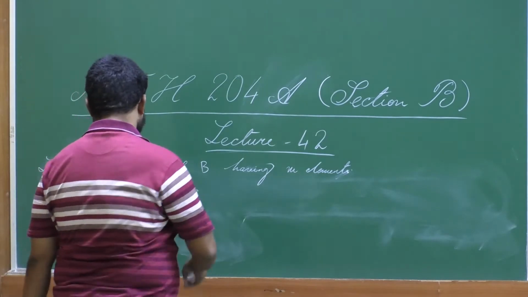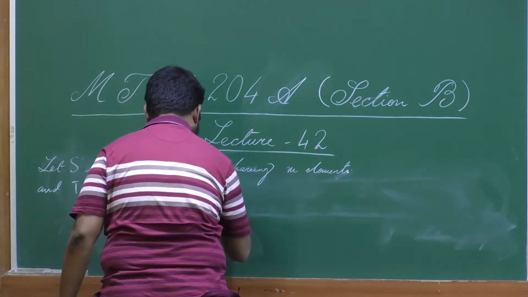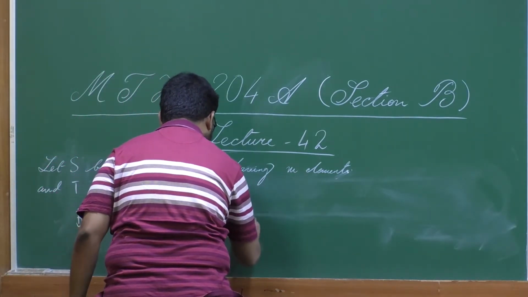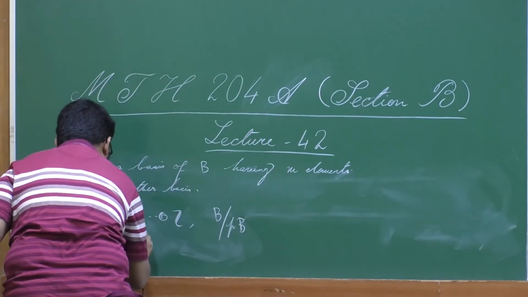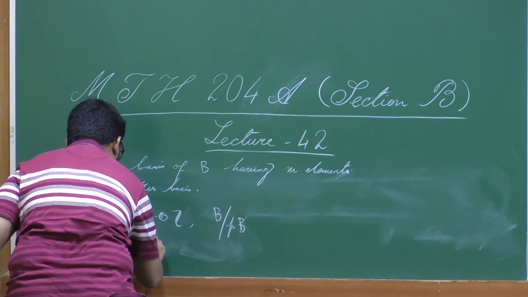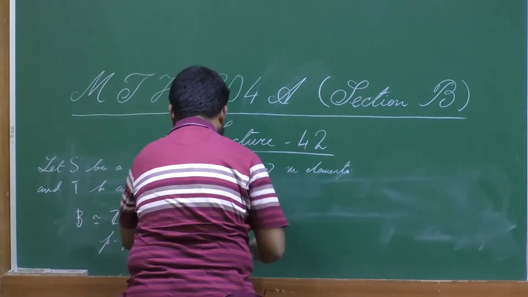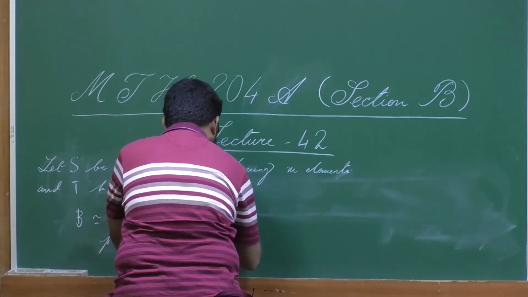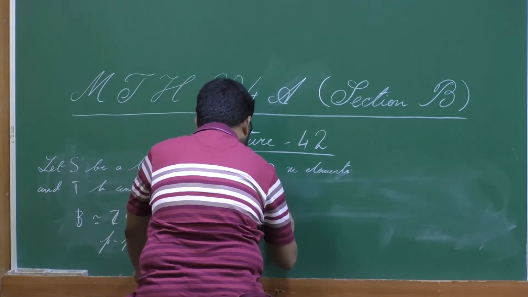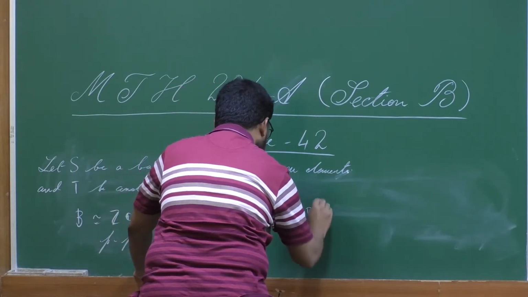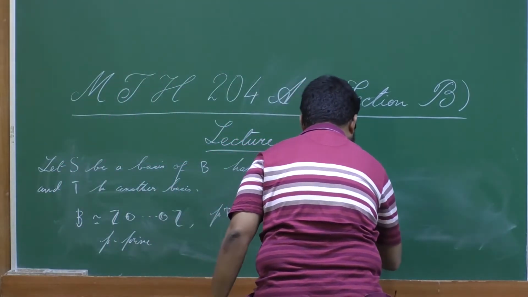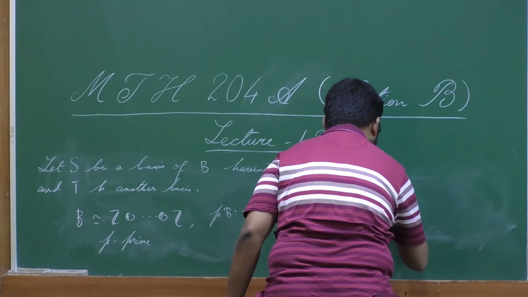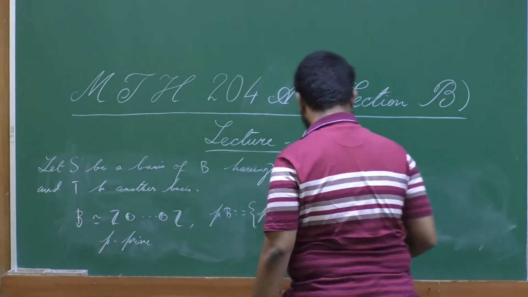Okay. Now, therefore, it is clear that B modulo pB, where we fix a prime p, you can take 2, I do not mind. pB is the subgroup {px : x belongs to B}. This will be a subgroup. The main point is that B modulo pB is of course isomorphic to Z modulo pZ, m copies.